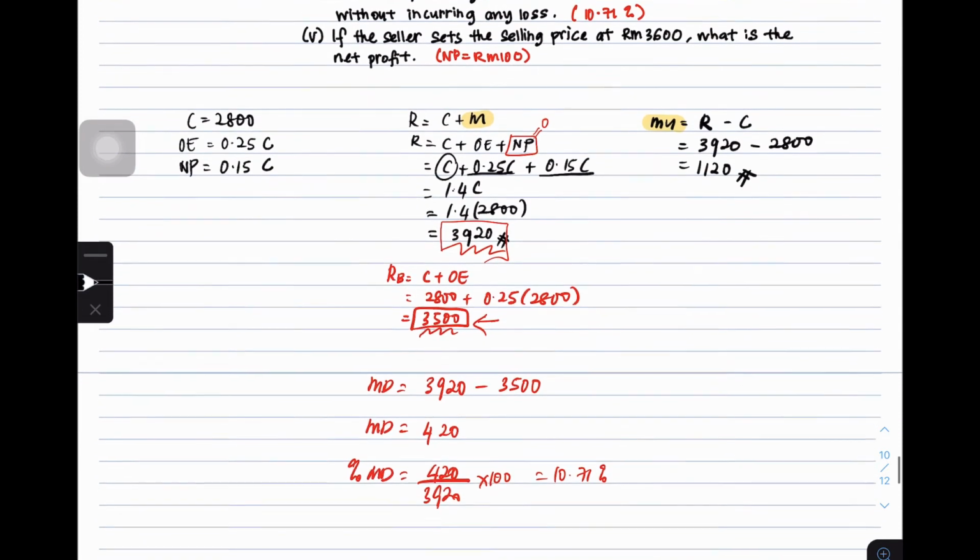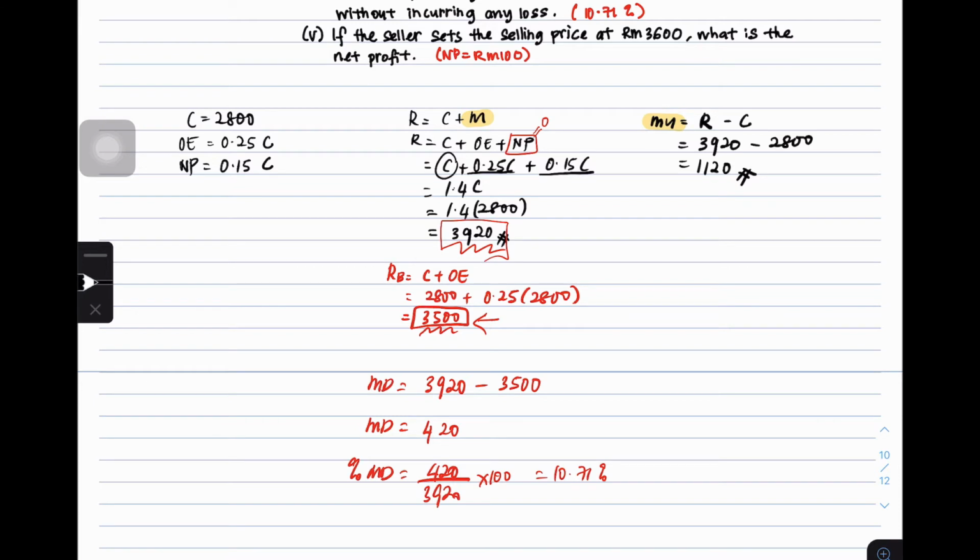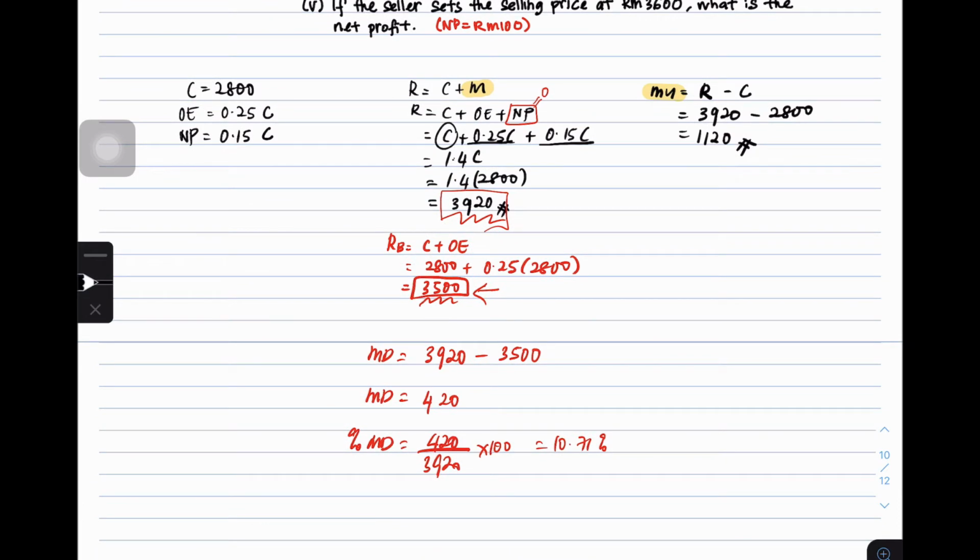Soalan yang kelima, if the seller sets the selling price at 3,600, what is the net profit? So saya ajar awak nak check sama ada dia untung ataupun rugi, awak guna formula R minus RB. Kalau awak dapat positif, maksudnya profit. Kalau awak dapat negatif, maksudnya loss, rugi.